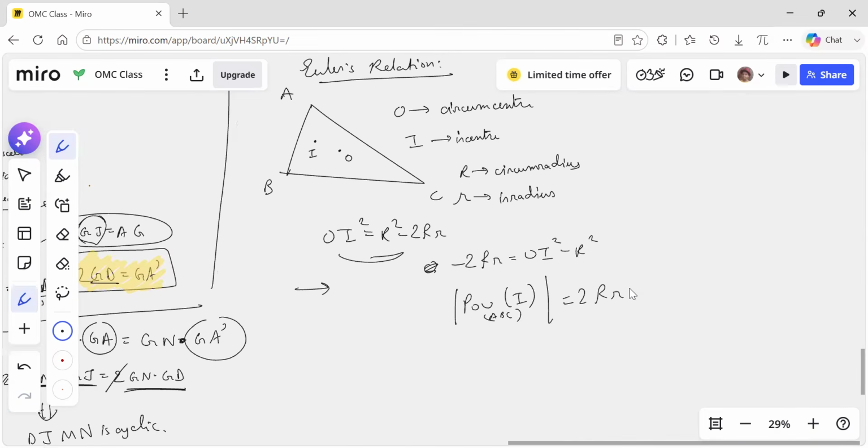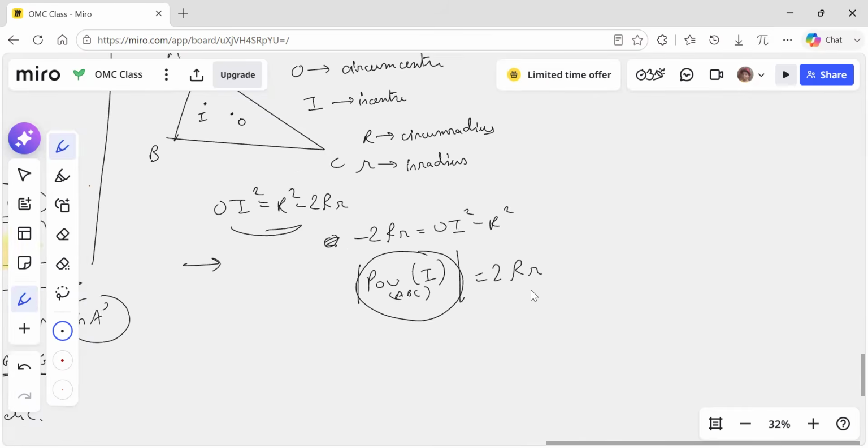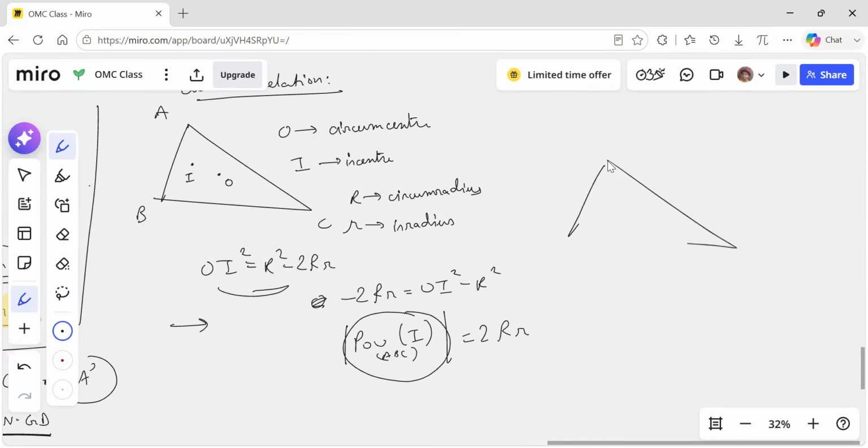And we have already seen that whenever a power is included, we always want a nice chord that we can control. So what is a nice chord that passes through I and we can have some nice control over it? Zohad had something. Zohad, do you want to tell your chord?